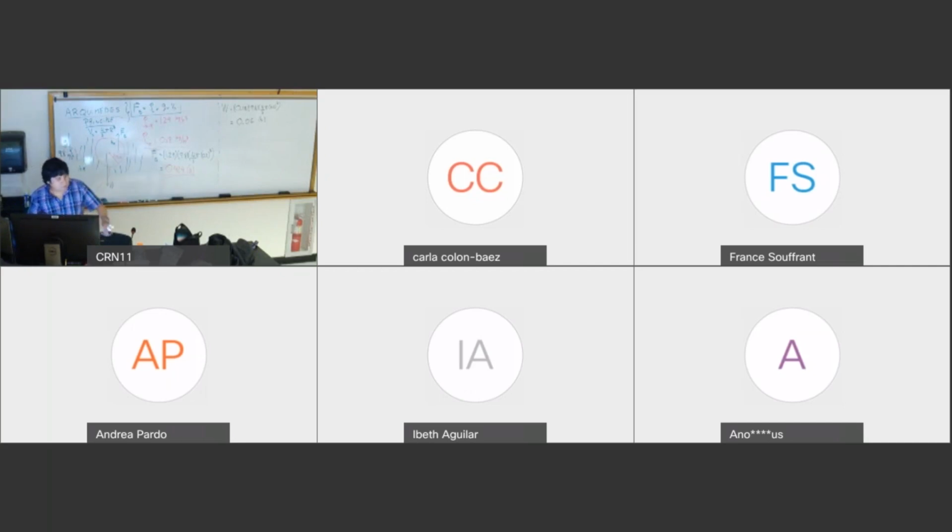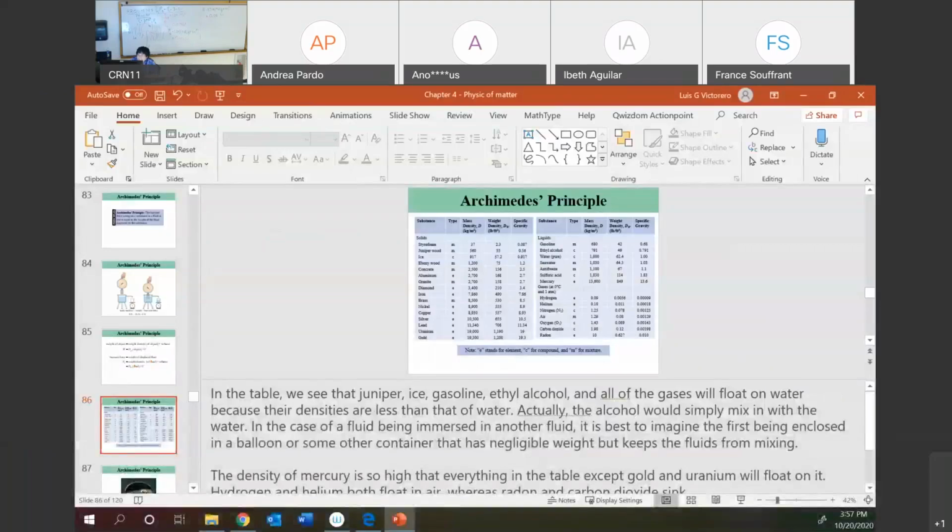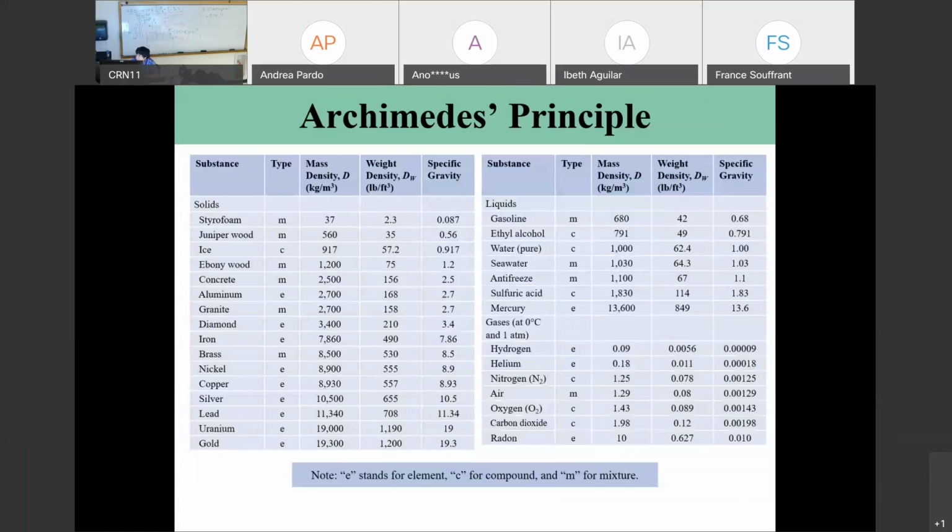So let me show you a few of the slides. The good thing is that it's all recorded. So let's see. We have the Archimedes principle here, and that's a table I was talking to you guys about, mass density.